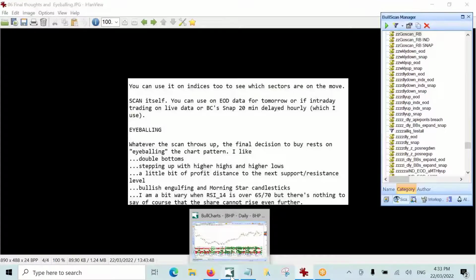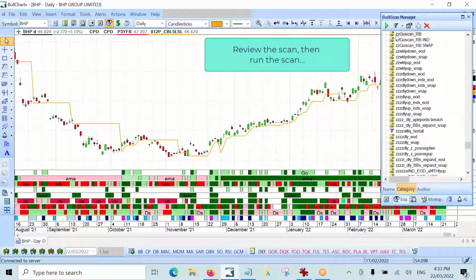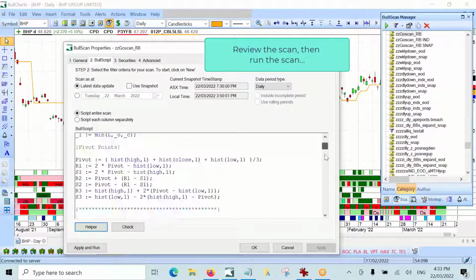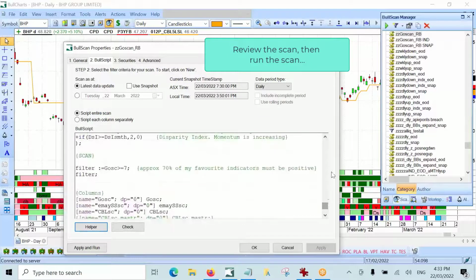Okay, enough of that now. I'll go to the scan itself and see what we've got, whether we've still got the snapshot version or the end of day version. So here we go. All your own favorite indicators here.